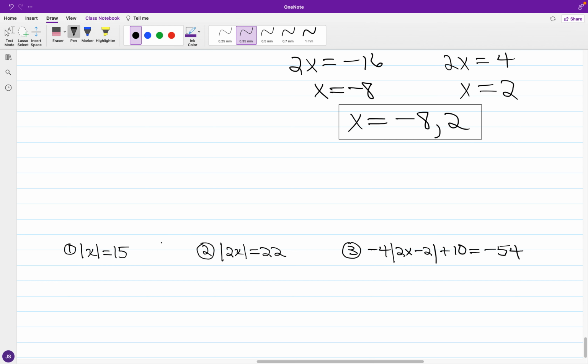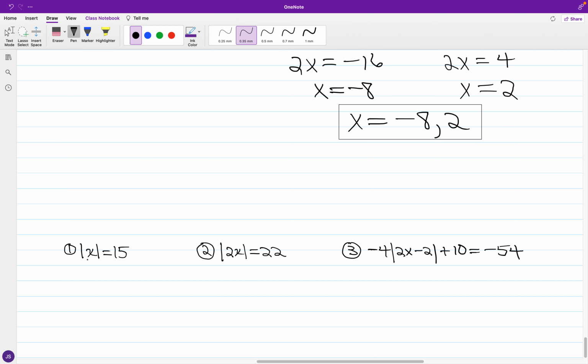Okay, with these absolute value equations, the first two items, especially the first case, are going to be short answers. For the absolute value of x equal to 15, k is represented by 15. 15 is non-negative, so we will have at least a solution for x.